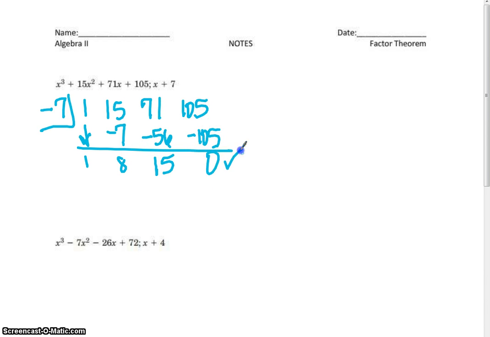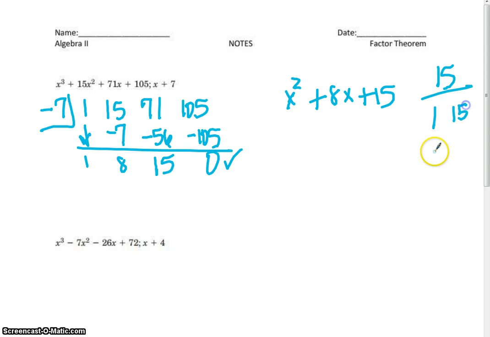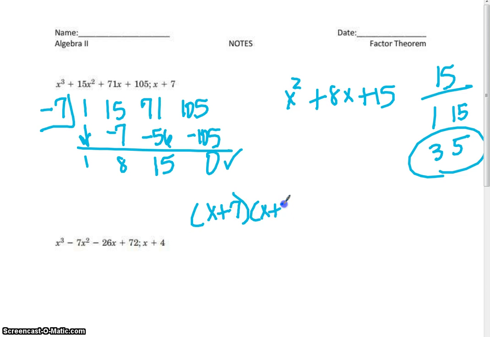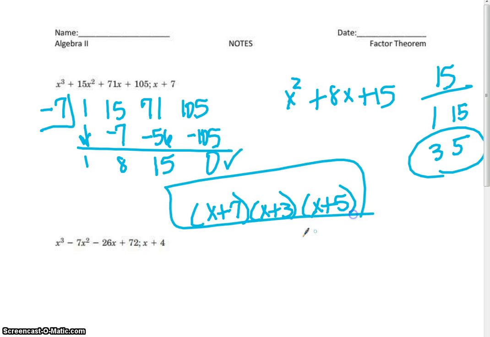So that gives me 0. So that's good. Rewrite your answer over here as x squared plus 8x plus 15. Since there was not a sign, it's positive, you put a plus. Find the factors of 15: 1 and 15, 3 and 5. Signs are the same, they're all positive, they got to equal 8. So we proved that x plus 7 was one of the factors. We also know x plus 3 and x plus 5 will be factors.